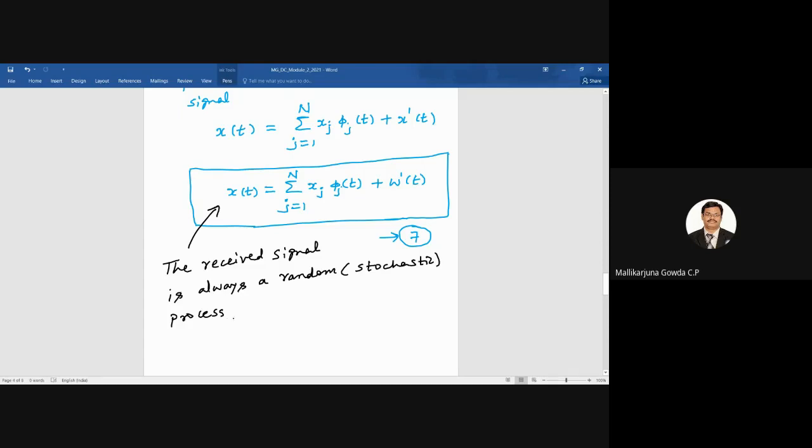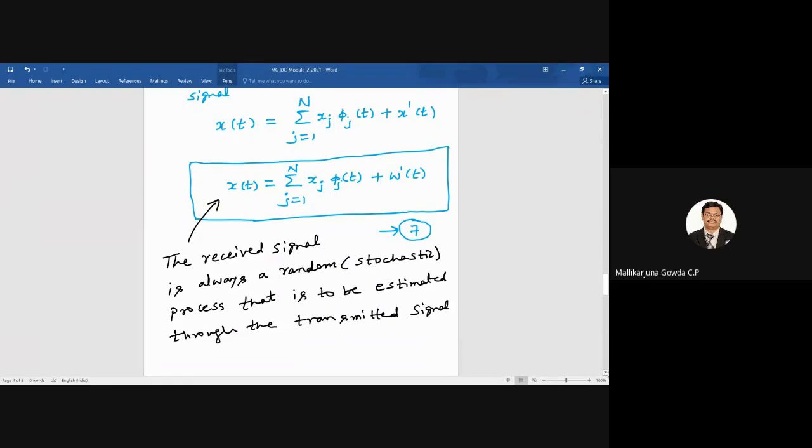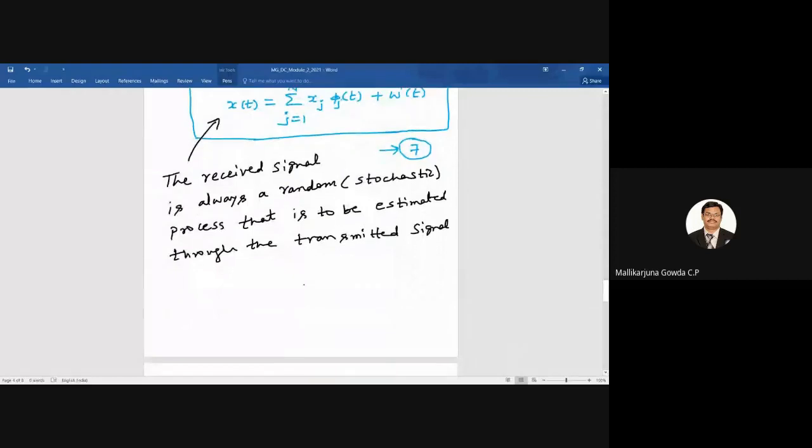That is to be estimated, means this x of t is to be estimated through the transmitted signal Si of t, which is deterministic.